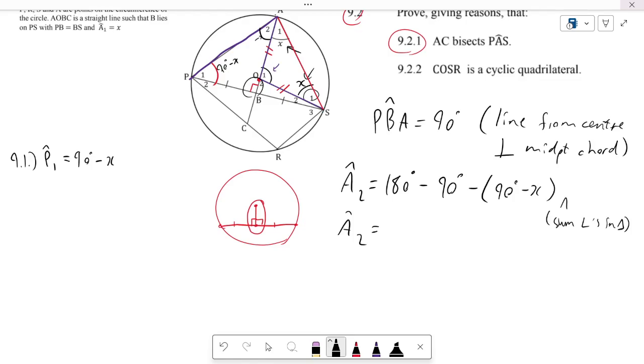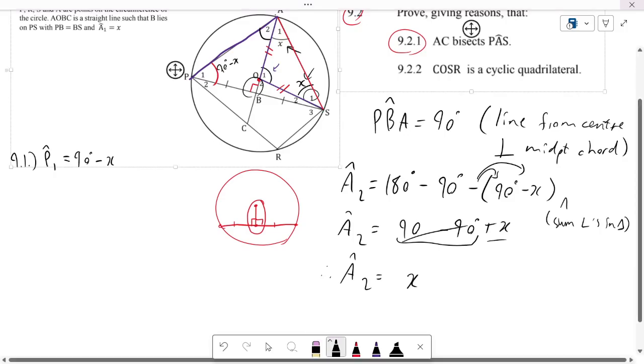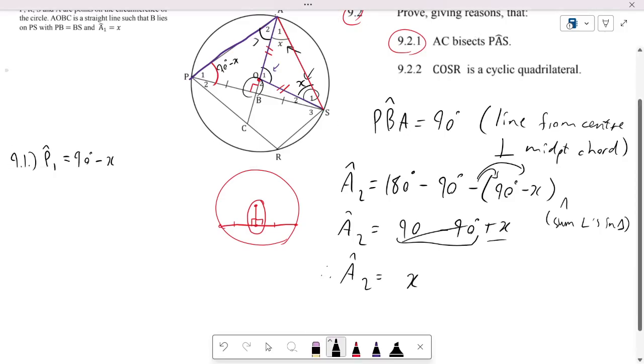And then angle A2 is going to be 180 degrees minus 90 degrees, which is just equal to 90 degrees. And then the minus can go into this bracket. That'll be minus 90 degrees plus x. And therefore, angle A2 is going to be 90 degrees minus 90 degrees. They cancel, and therefore we're just left with x. And therefore we've proven that angle A2 is just going to be equal to x.